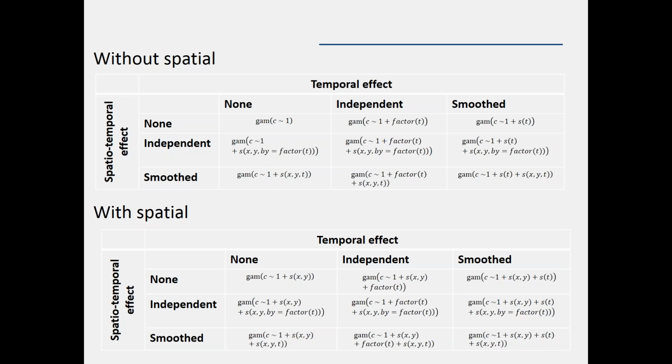So this is the notation that the mgcv package uses. I don't know how many people here actually use the mgcv package. Does anybody know, is it Pinheiro and Bates who defined the R syntax for linear models?